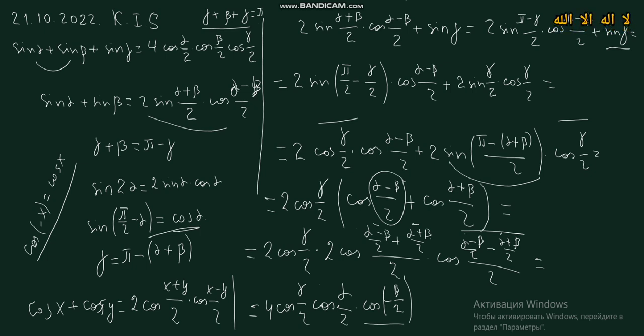So what I have is 4 multiplied by cosine alpha over 2, multiplied by cosine beta over 2, and multiplied by cosine gamma over 2.